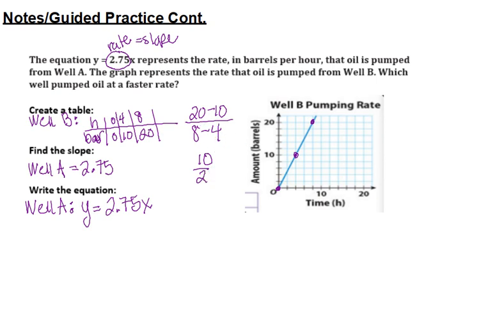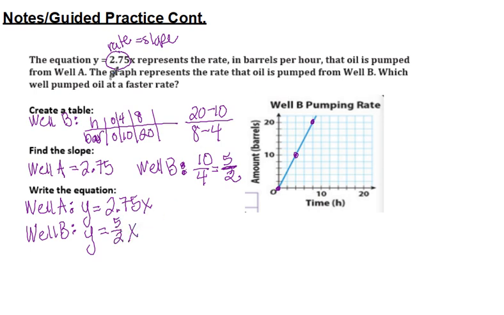I don't know where I got 2 from. 10 over 4, which we can then reduce and get 5 over 2. And so that's for well B. So then our equation for well B, we can say is y equals 5 over 2x.